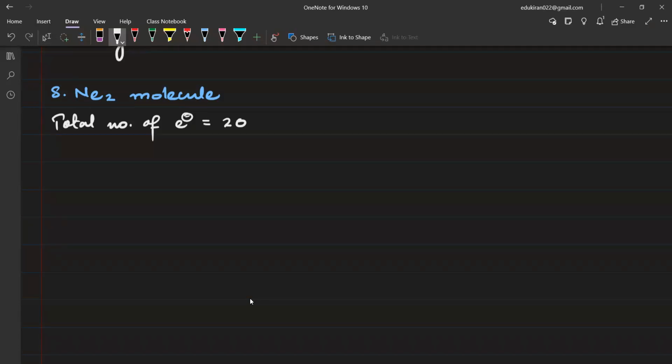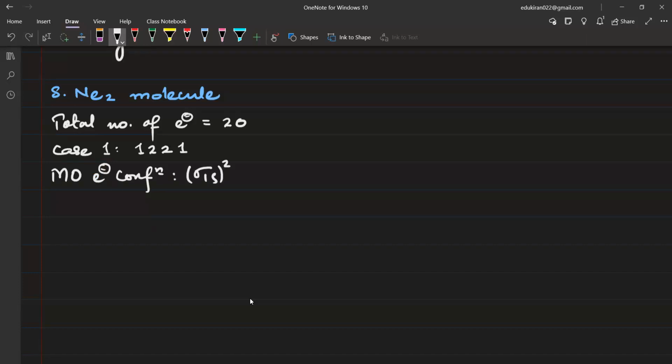Total number of electrons is equal to 20. So case 1 or case 2? Case 1. 1, 2, 2, 1. Okay? So molecular orbital electronic configuration.